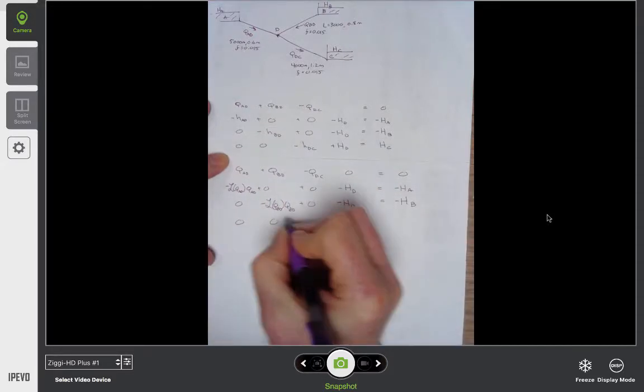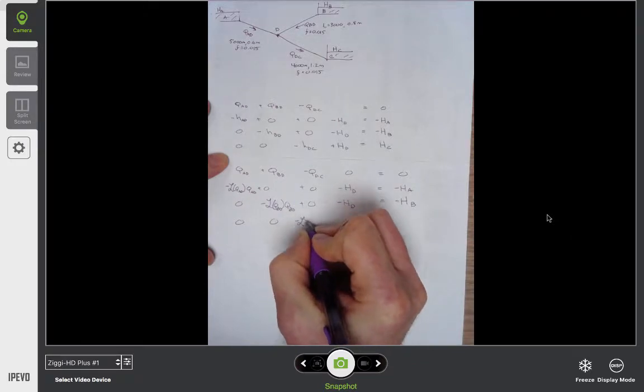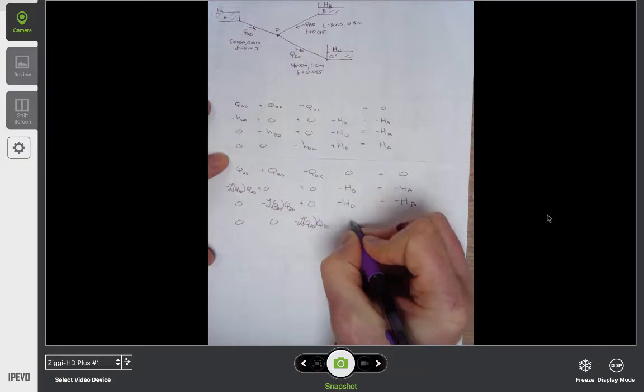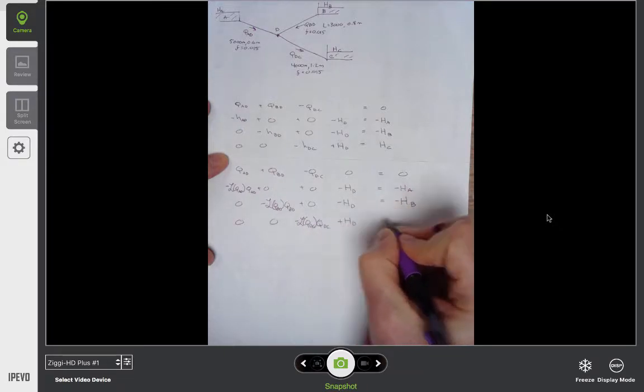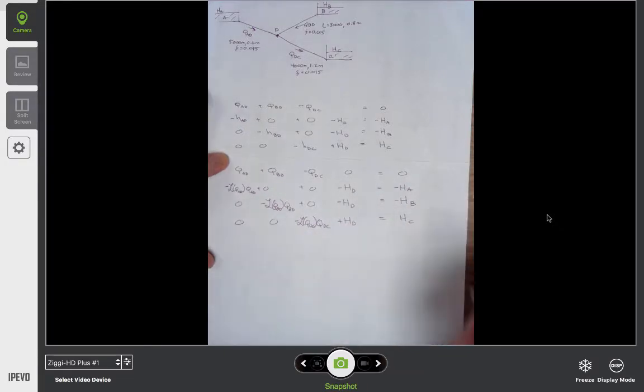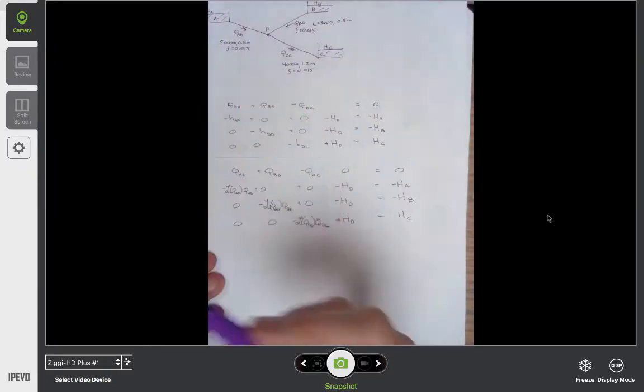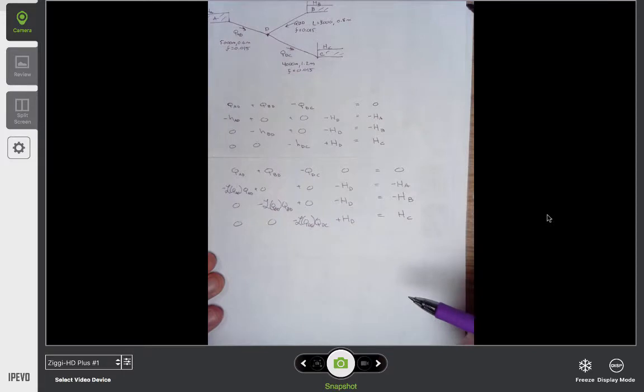And last one, I have minus script L, QDC plus HD equals HC. Okay, same analysis. I just haven't put numbers in yet. We're actually going to save those way to the end.